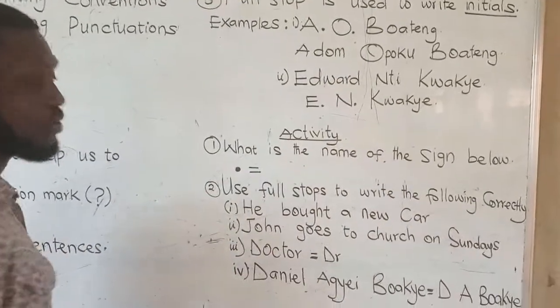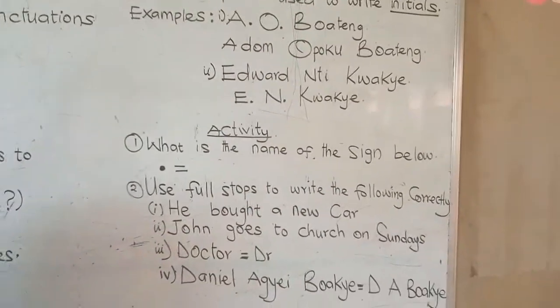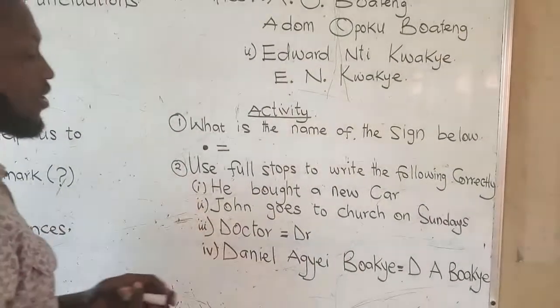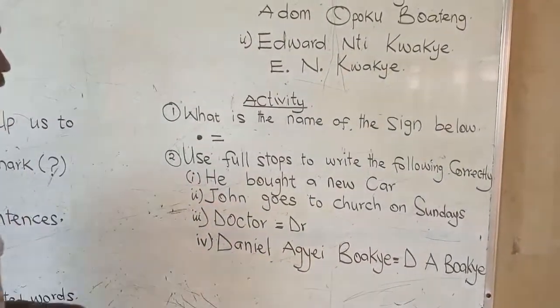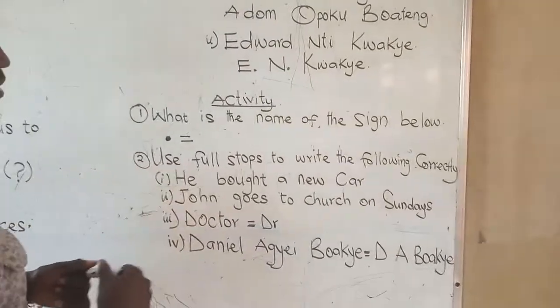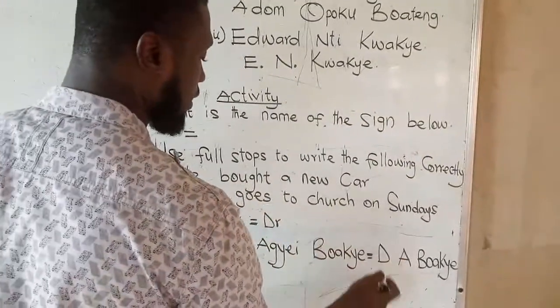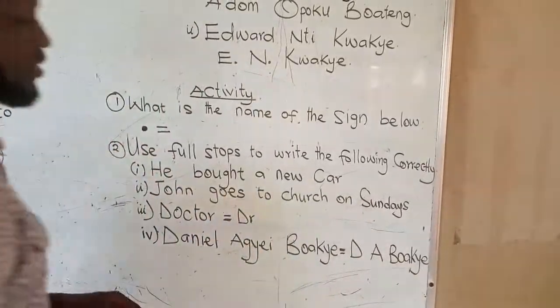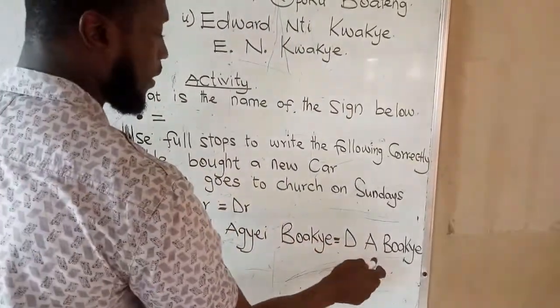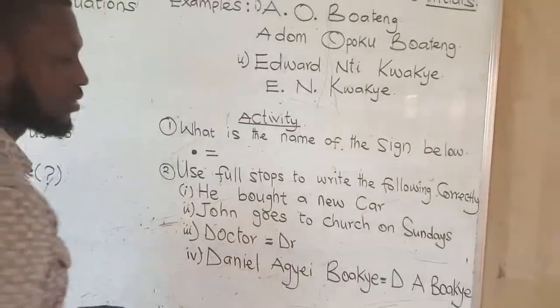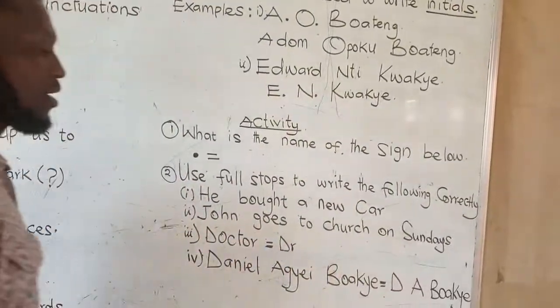So use a full stop to correct that for me. Then the fifth one, we said Daniel J. Boache, which happens to be a name. We have D.A. Boache. Use full stop to correct this for me as well.